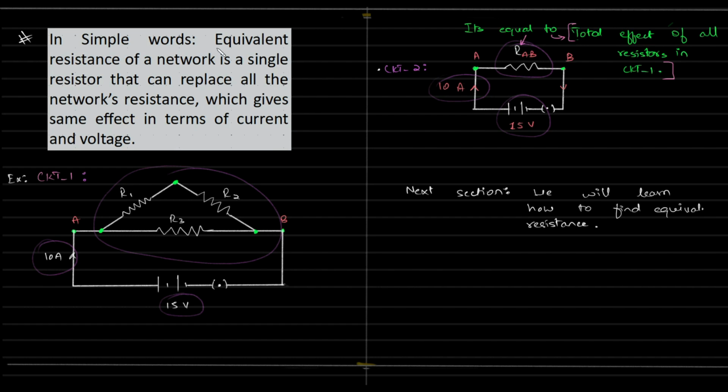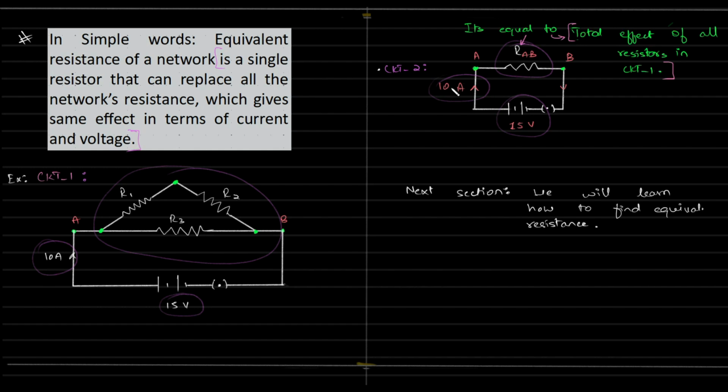So the definition of equivalent resistance is: the equivalent resistance of a network is a single resistor that can replace all the network's resistance, which gives the same effect in terms of current and voltage.